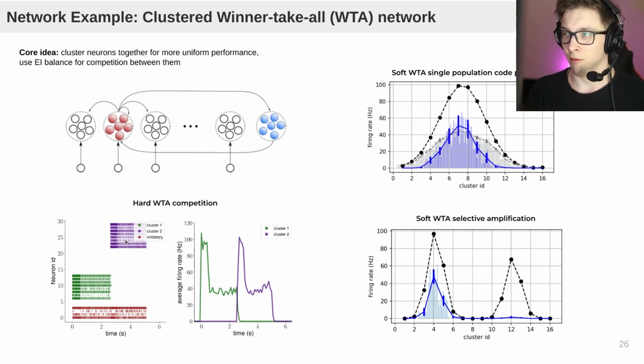Or if you have some degree of these lateral connections, you can have soft winner-take-all, when multiple clusters could be active at a time. And then you can encode inputs with population codes, which you can see here on the right. So you can either do some filtering or restoration of signals.